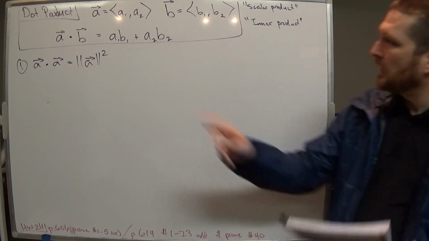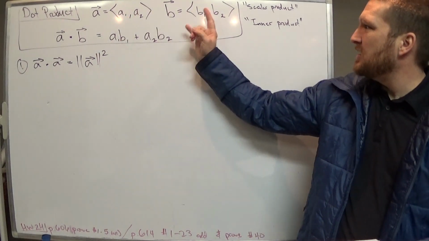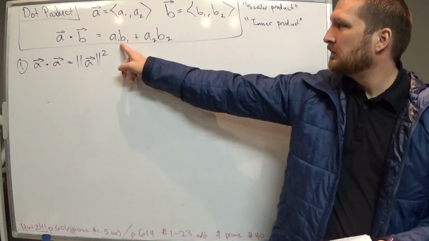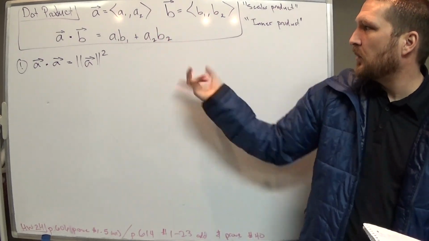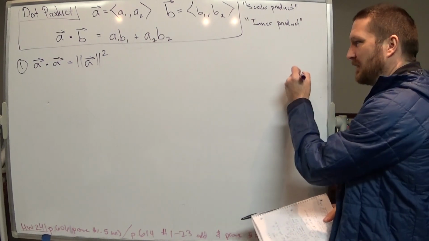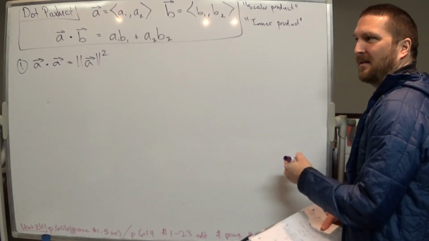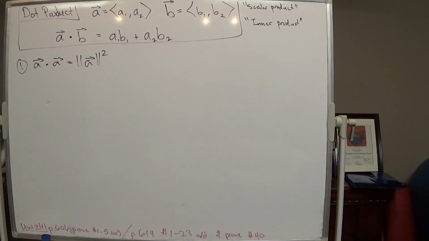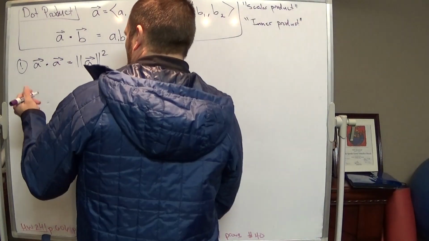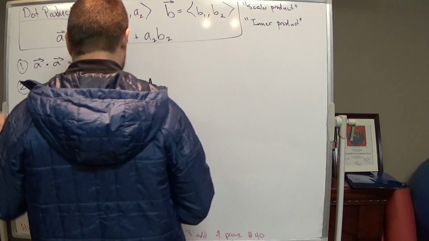If that's A and that's A, you'd have A1 times A1, A1 squared, A2 times A2, A2 squared. What's the magnitude of A? The square root of all that. Yeah, right? Okay, proved. Well, you'll have to do that formally.